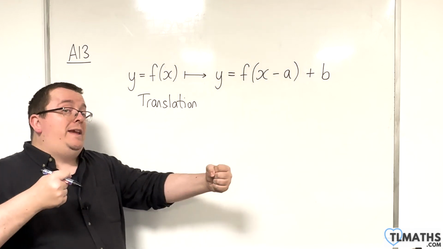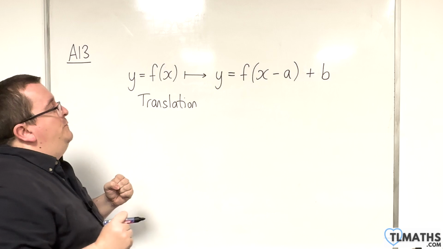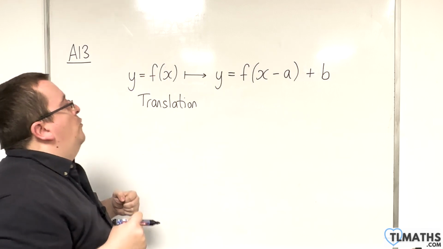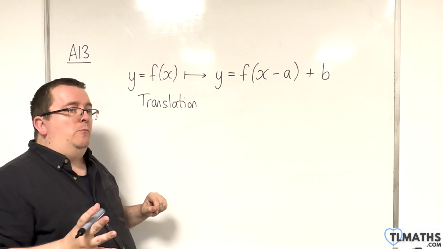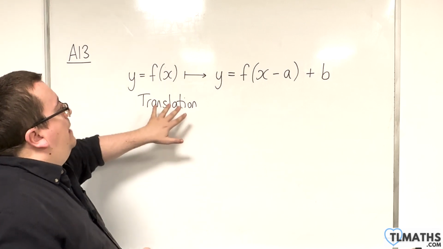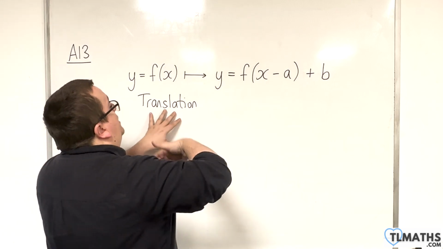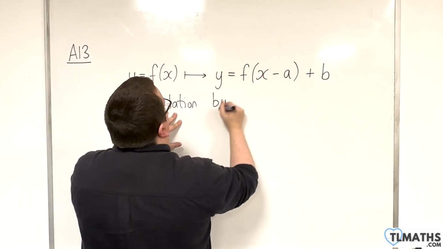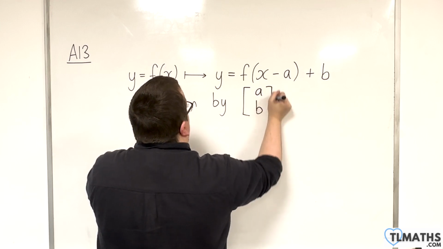You're not stretching it, you're not rotating it, you're not making it any larger or anything like that, or reflecting it. We're just picking it up and moving it somewhere else. And we describe a translation using a vector. So we say a translation by the vector (a, b).